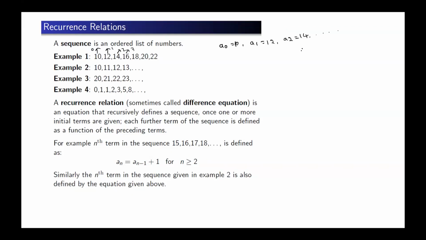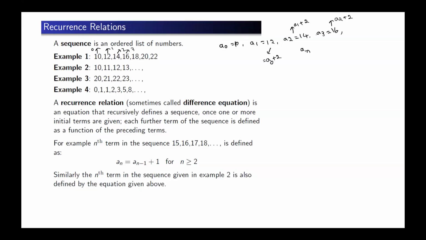Now, what is An? In this case, we can easily represent A1 as of the form A0 plus 2. Is that correct? What is A2? A1 plus 2. Similarly, A3 equals 16, it is of the form A2 plus 2.